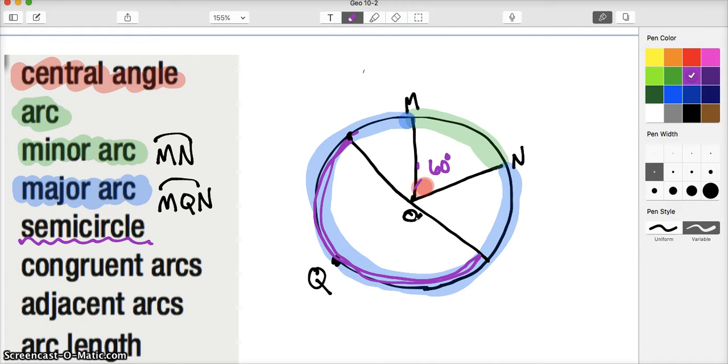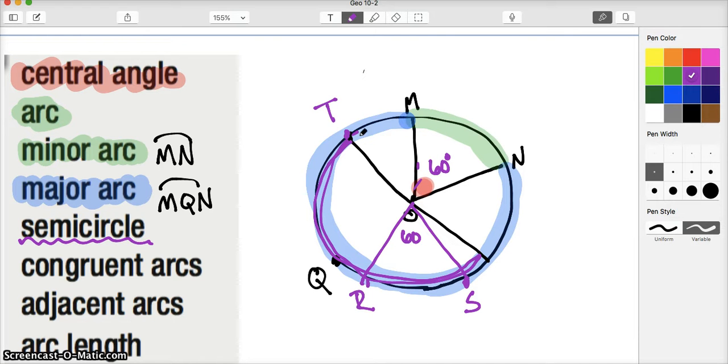If I were, within the same circle, to draw another pair of radii such that their angle was 60 degrees, and let's call this R and S, then I would know that the arcs RS and MN are congruent arcs. They're congruent arcs.